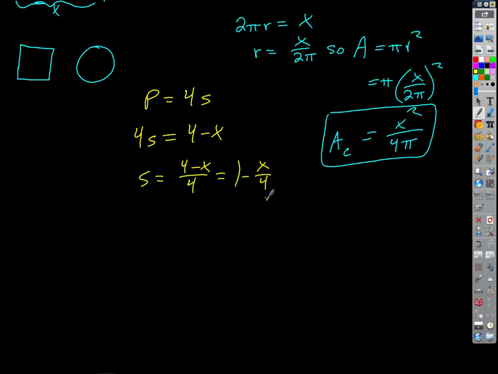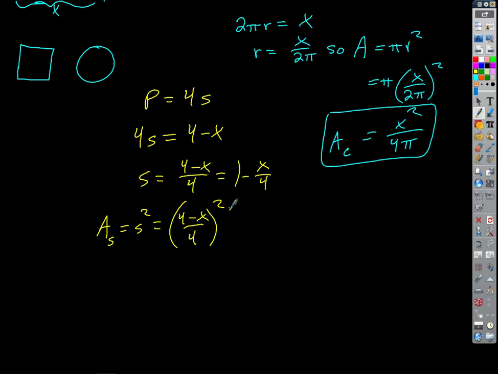There we go. Okay, and so then the area of the square equals S squared, so we get this whole thing squared. I tell you what, let's square it like this, that might be better. So what's gonna be our primary equation? Total area.